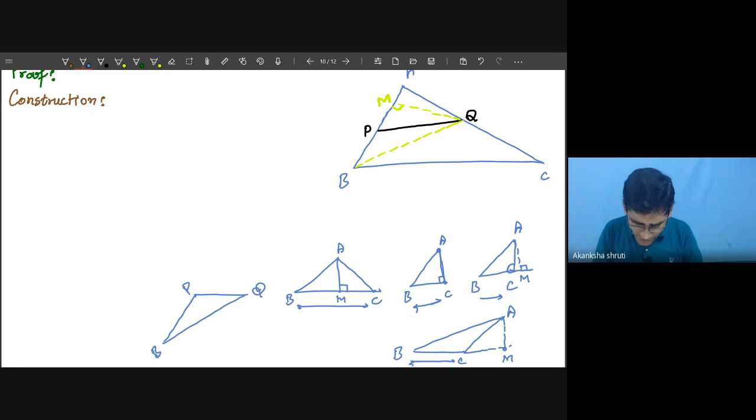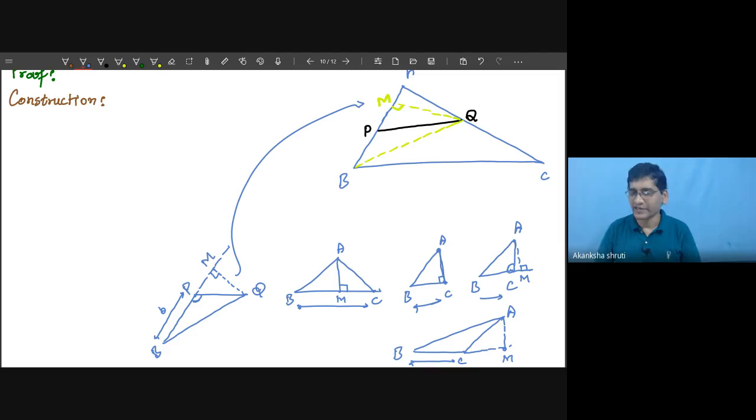In this case, we are observing that this angle P is greater than 90 degrees, and BP we want to take as the base. So for the perpendicular height, we need to extend this, then make a 90 degree angle over this. Okay, so it will be like our M.